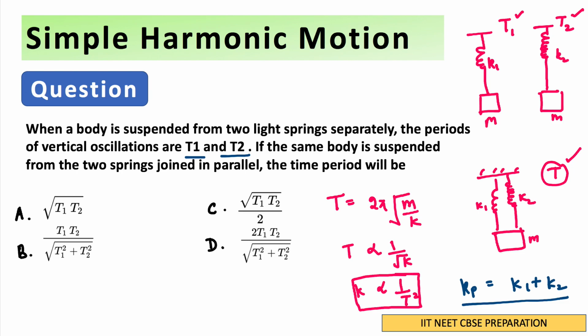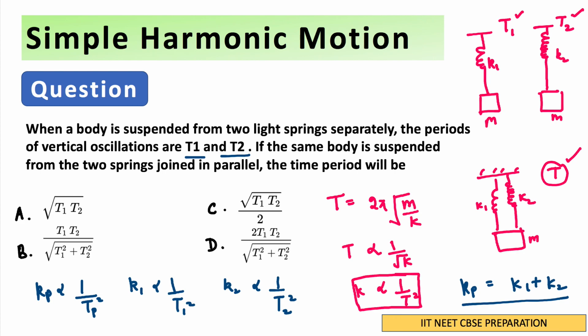So just substitute k with T. k is directly proportional to 1 by T square. So kp will be directly proportional to 1 upon Tp square, k1 will be directly proportional to 1 by T1 square, and k2 will be directly proportional to 1 upon T2 square.